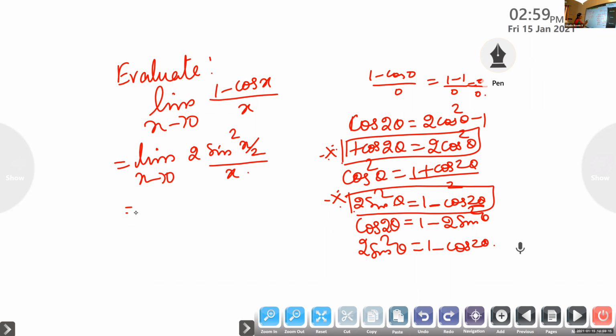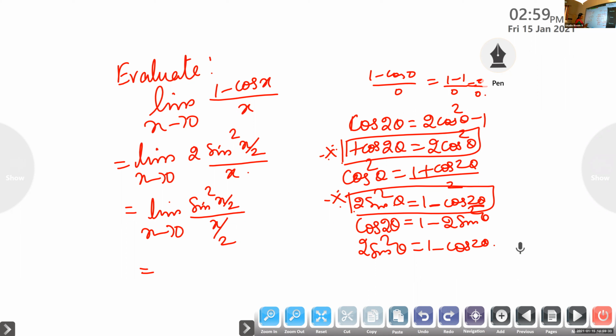Which is the same as limit x tending to 0, sine square (x by 2) by (x by 2). This 2 we are taking to the denominator.